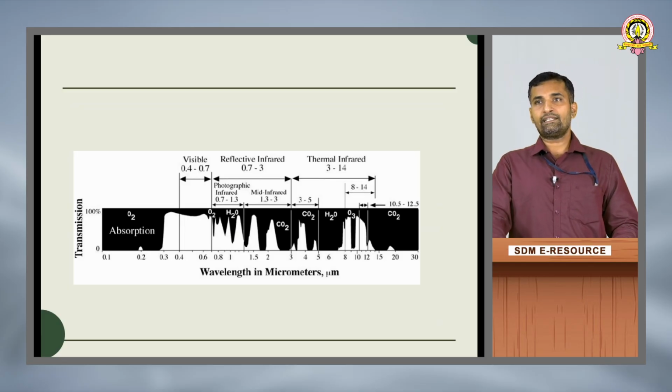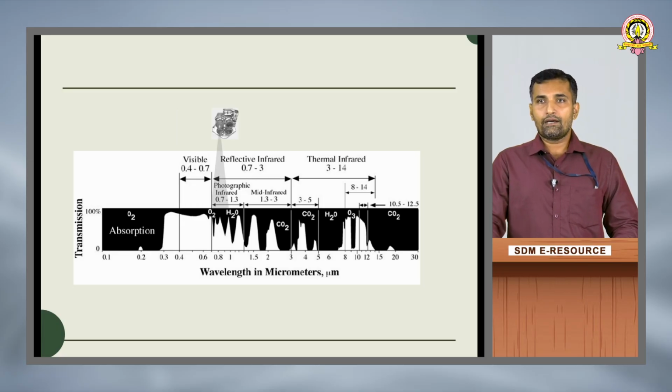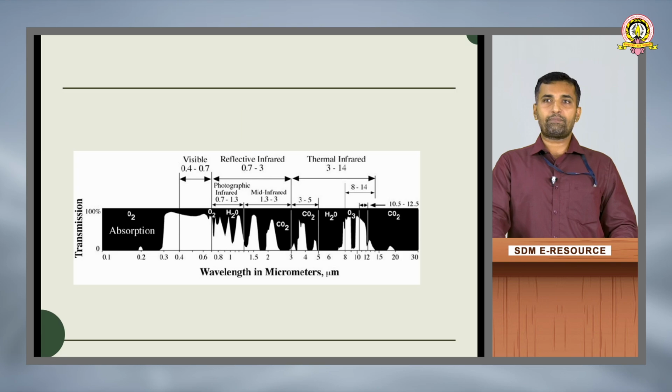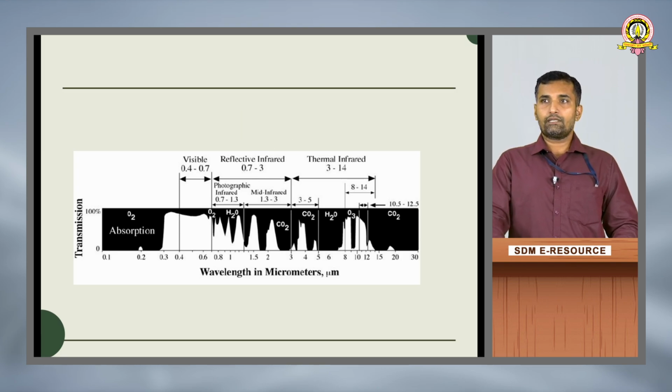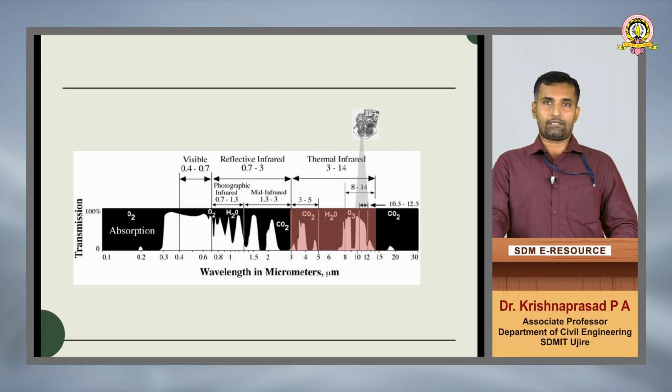The sensor is developed to collect information in the visible and near infrared regions of the electromagnetic spectrum. Again there are two bands in the near infrared and thermal regions, as well as in the thermal region we have the sensors.